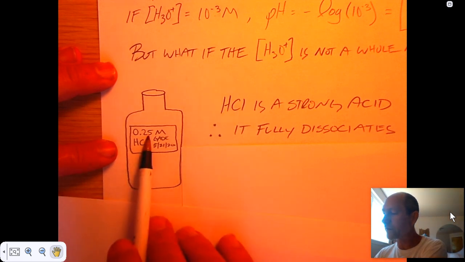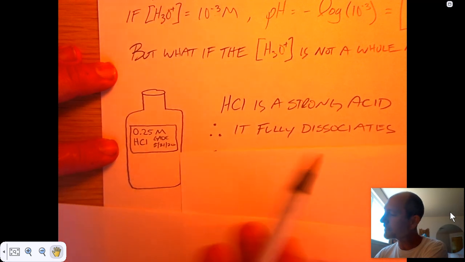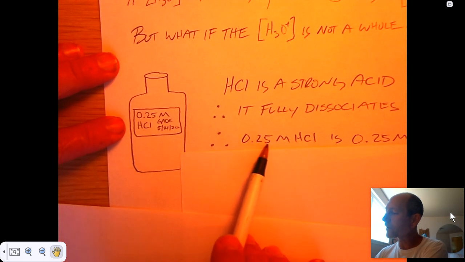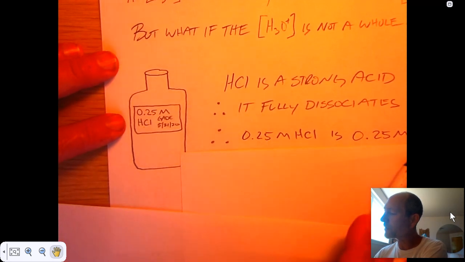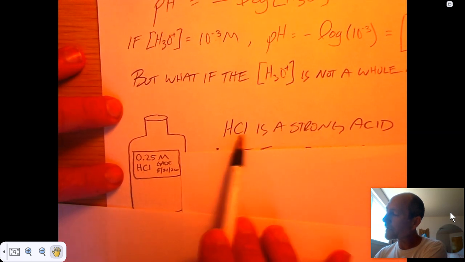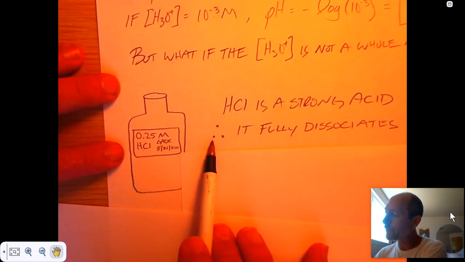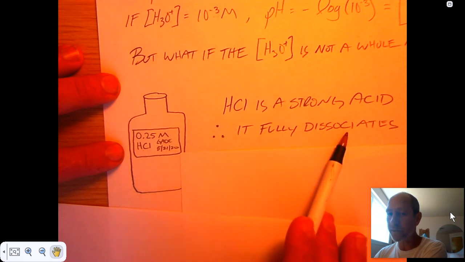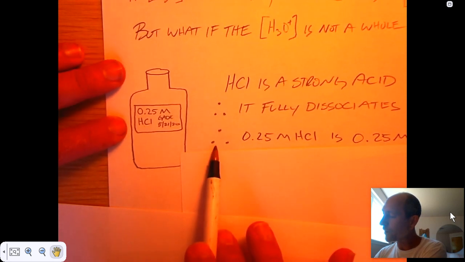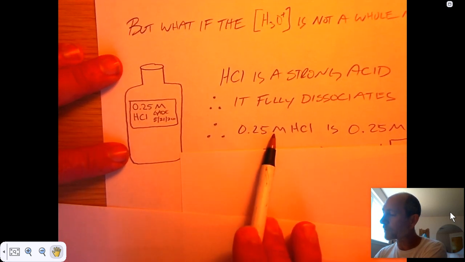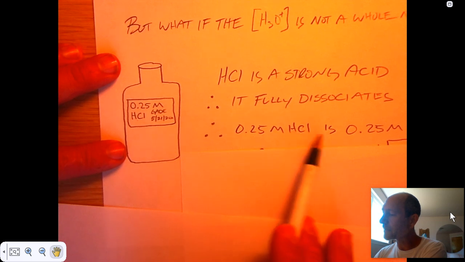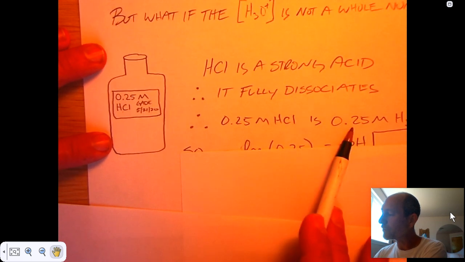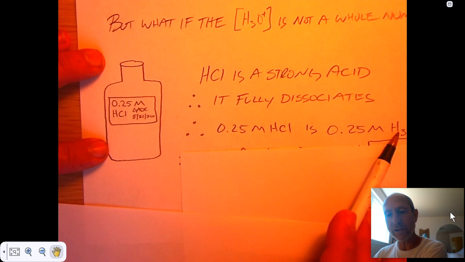So whatever your concentration of hydrochloric acid is, that's also your concentration of hydronium. So hydrochloric acid is a strong acid. Therefore, it fully dissociates. Therefore, 0.25 molar hydrochloric acid is 0.25 molar hydronium.